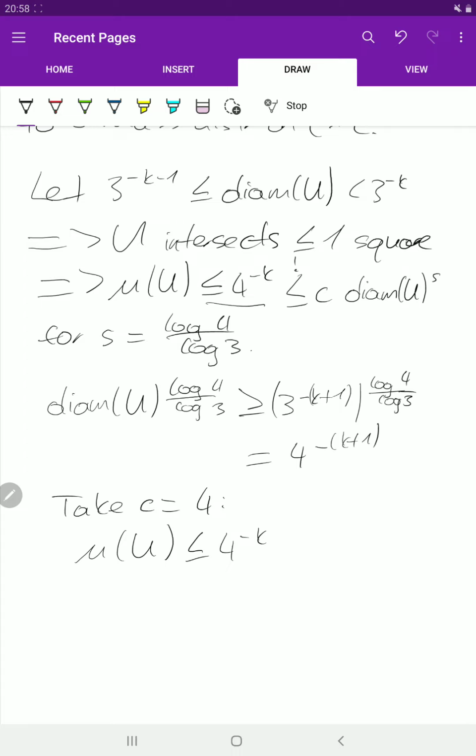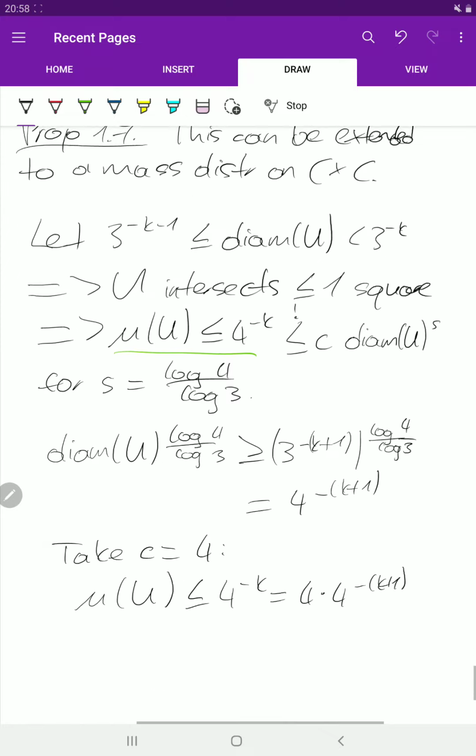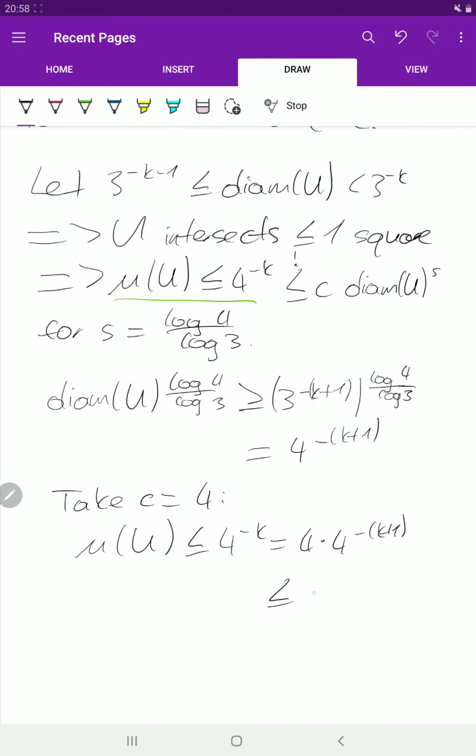That's what we have here, which is 4 times 4 to the minus k plus 1, which is at most c, where c is 4, times the diameter of U to the s, where s again is log 4 over log 3.